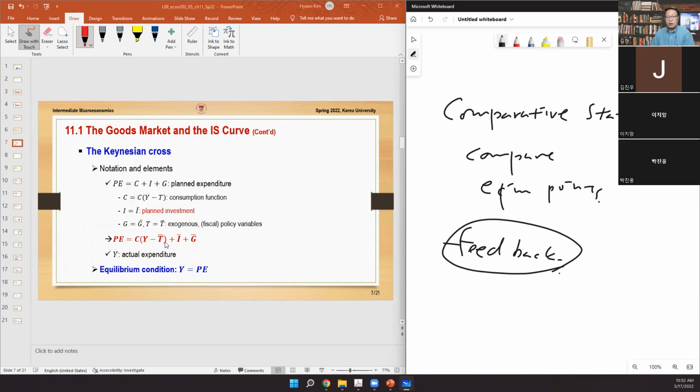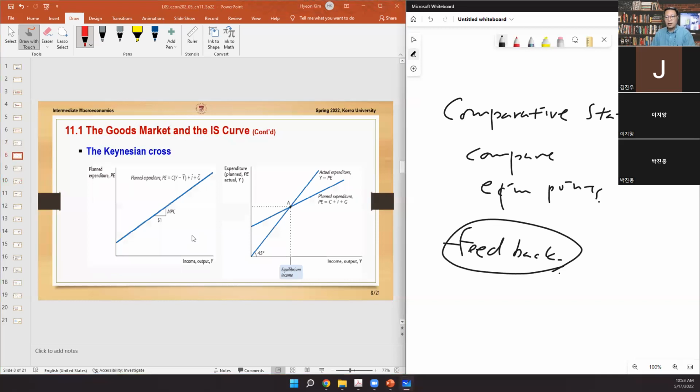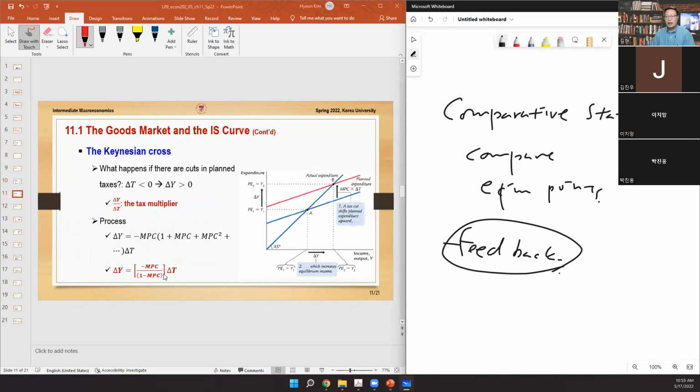That means it is associated with your marginal propensity to consume, because the slope of the consumption function is the marginal propensity to consume, MPC. That means we have an indirect effect. And then we have this different sign, a negative sign. So technically, we'll have a slightly different tax multiplier.